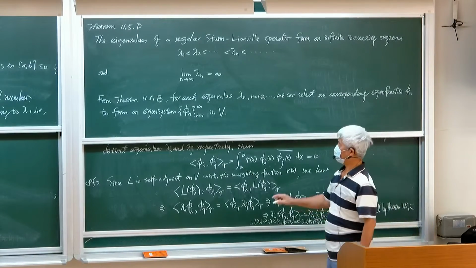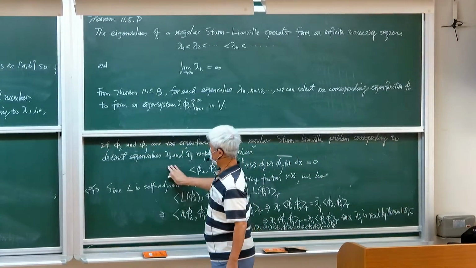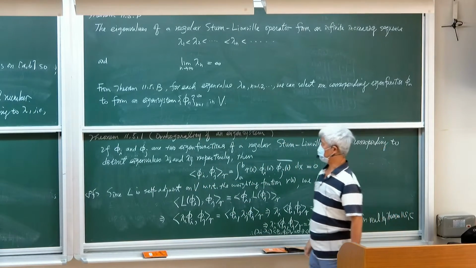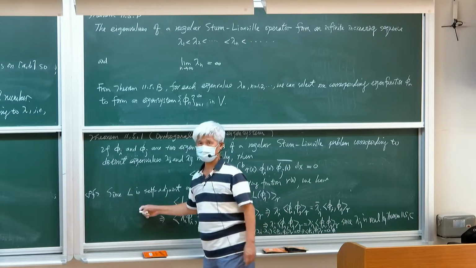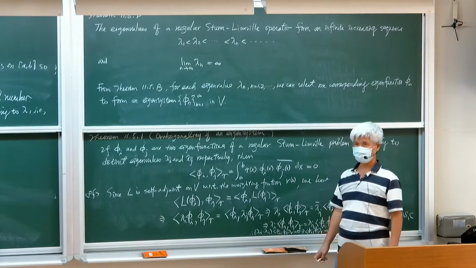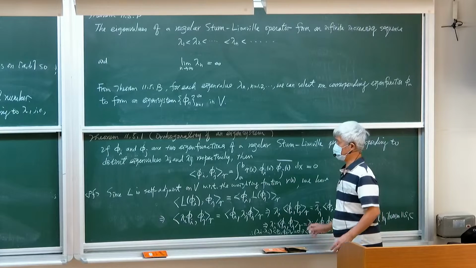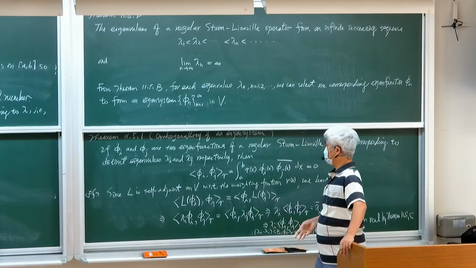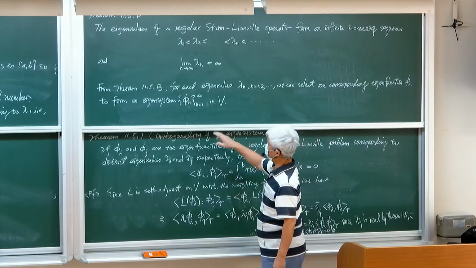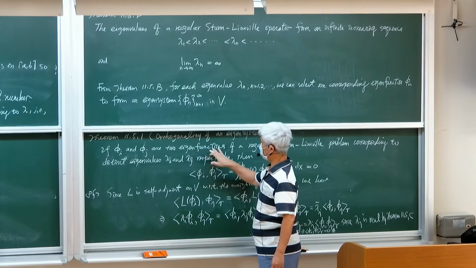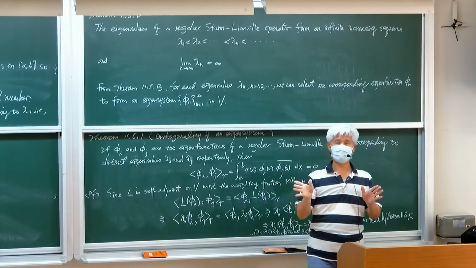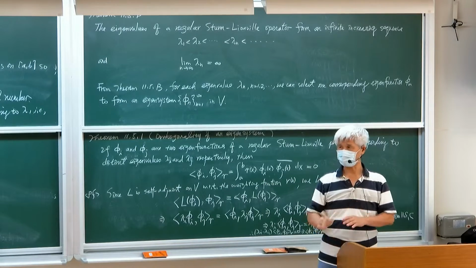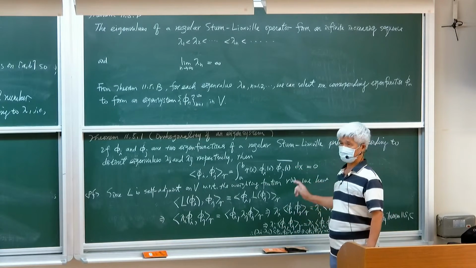The orthogonality is a direct consequence of L being self-adjoint. When L is self-adjoint, we know the eigenvalues are real, and we show that eigenfunctions corresponding to different eigenvalues are also orthogonal to each other. So we have orthogonality.